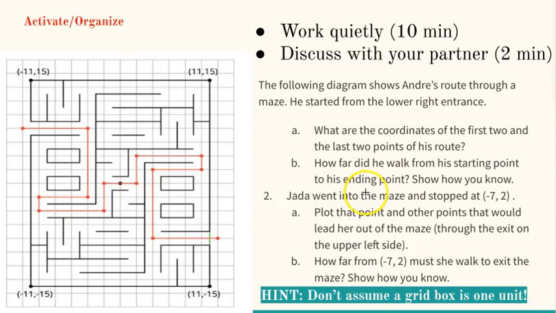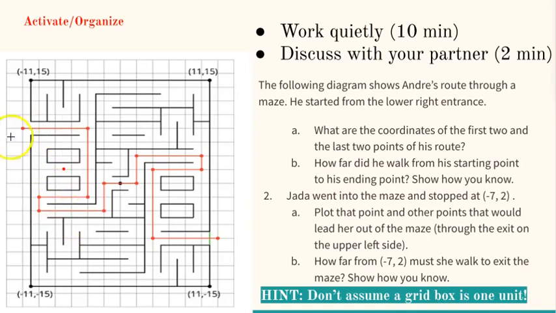All right. Jada went into the maze and stopped at negative 7, 2. So there's the center. So negative 7, and that's 2, 4, 6, negative 7 and 2. So she stopped there.